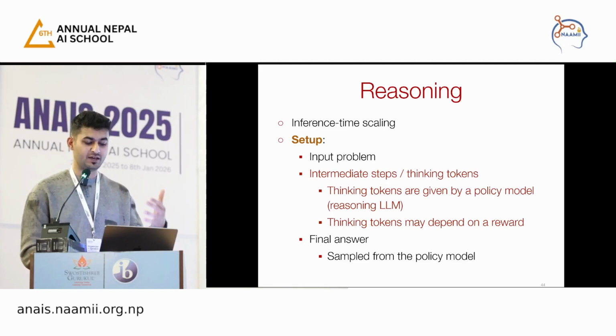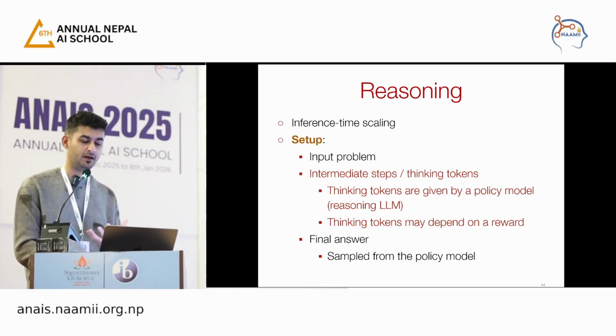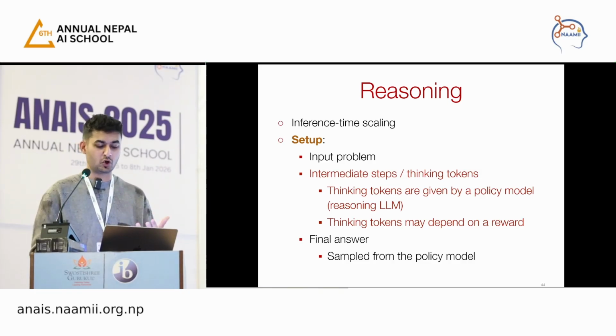So the setup is that we have an input problem and we need the final answer, and the reasoning, the intermediate steps, also called thinking tokens, are given by an LLM, which is also called the policy model in the lingo of reinforcement learning, that trains or improves these models.